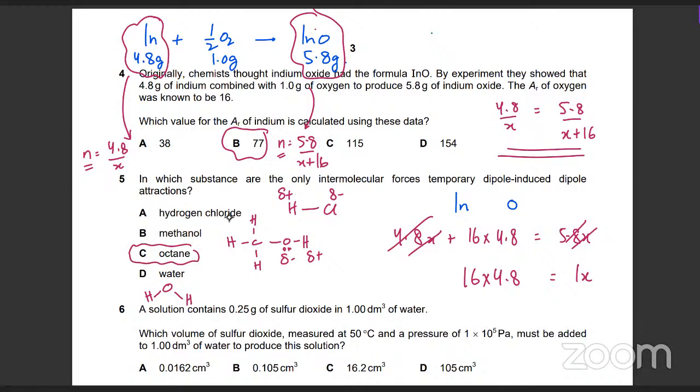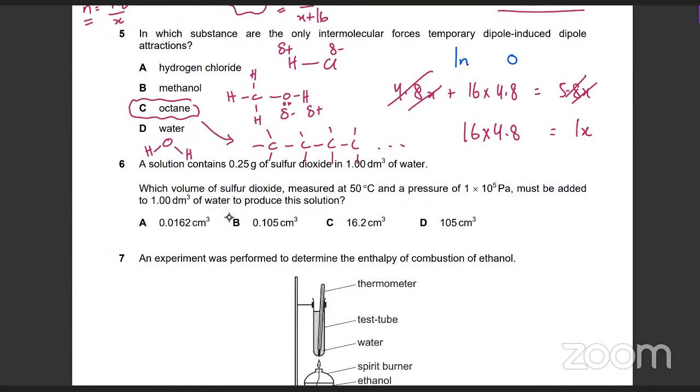Octane is the only one that's going to have van der Waals forces, because the hydrocarbon chain is non-polar. Any hydrocarbon chain, remember, is non-polar because carbon and hydrogen have pretty much the same electronegativity. So only that will have van der Waals forces.